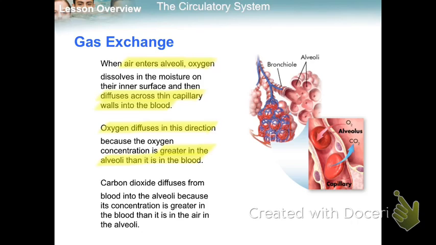So that's what you see happening here. Oxygen is going into the alveolus, into the blood. Carbon dioxide goes the opposite direction, from the blood into the alveoli, because its concentration is greater in the blood than it is in the air in the alveoli.